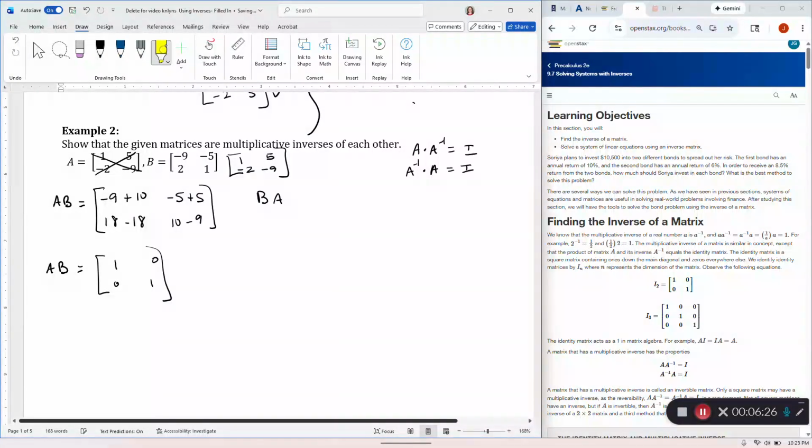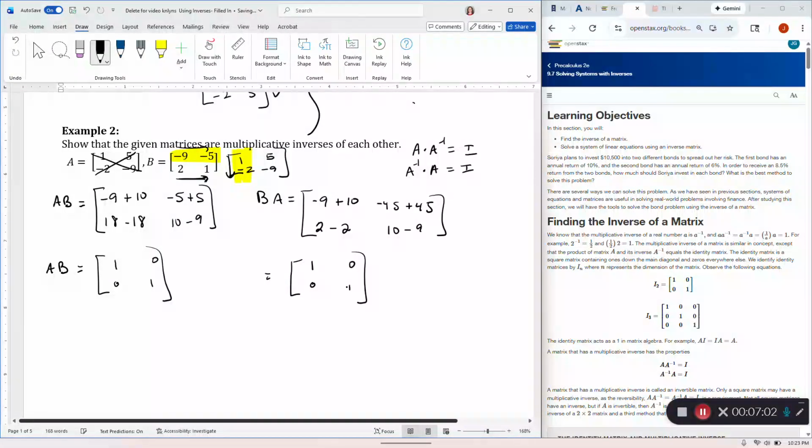Now it's B times A, which means this is row times column. -9 plus 10. -45 plus 45. Bottom row, first column, 2 minus 2. Bottom row, second column, 10 minus 9. And in the end, this product is 1, 0, 0, 1. We got the identity matrix each time, so we have verified that they are inverses of each other.